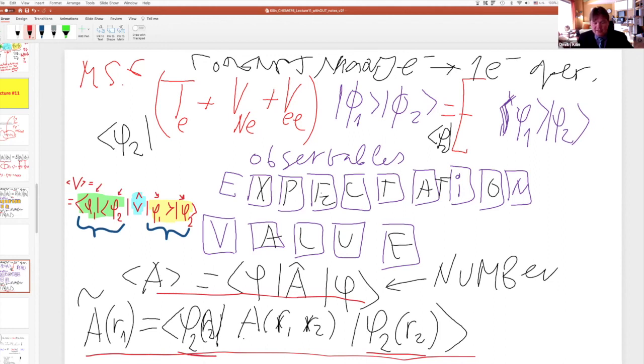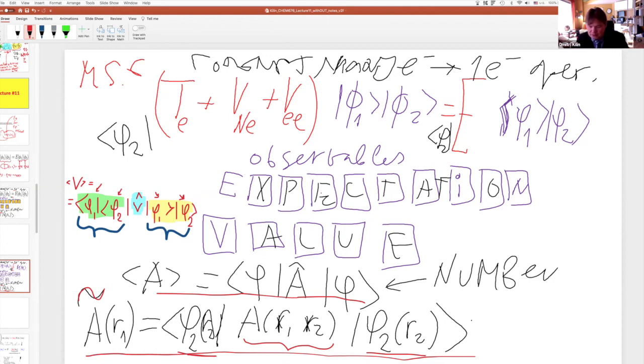So we will average an operator that depends on 2 electrons only over the spatial localization of, let's say, the second electron. Then this object, and the tilde means that it is partial, is neither an operator nor a number. With respect to the second electron, it will be an expectation value, but with respect to electron number 1, it still will be an operator.